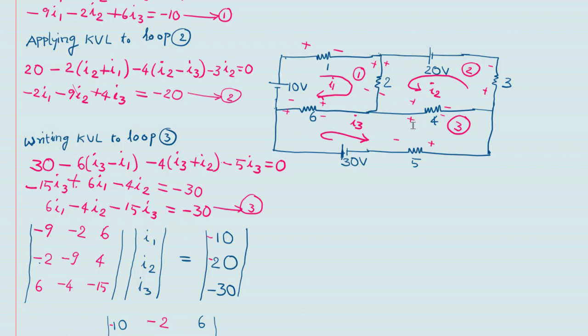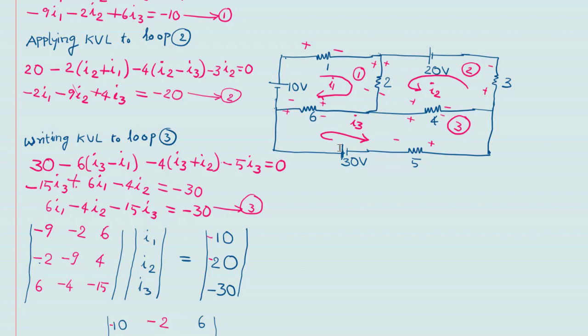First it enters here, so we call that the positive terminal, and leaving the 4 ohm resistor we call the negative terminal. The same I3 comes here and enters the 5 ohm resistor. The entering point we call the positive terminal and the leaving terminal the negative terminal, like this. And the 30 volt supply polarity does not change. This is always negative and this is always positive.